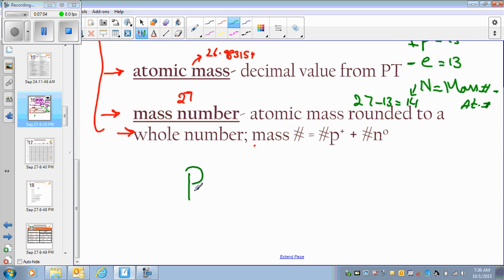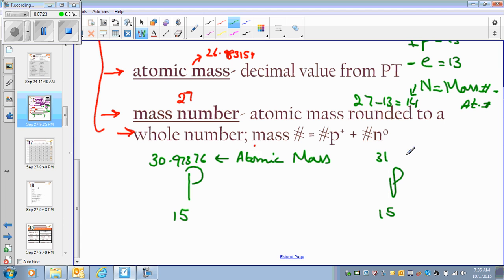Keep it in mind, this is how we do it for any element. So let's say I have phosphorus, 15, and the atomic mass for phosphorus is like 30.97376. This is the atomic mass, not the mass number. For the mass number it will be 15, and I will say 31. No, it is the mass number. Please understand the difference between atomic mass and mass number.